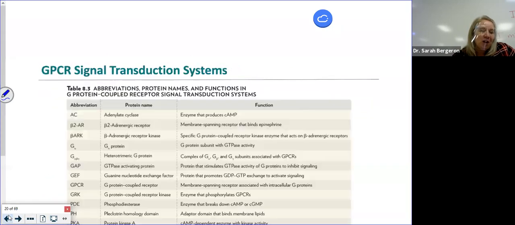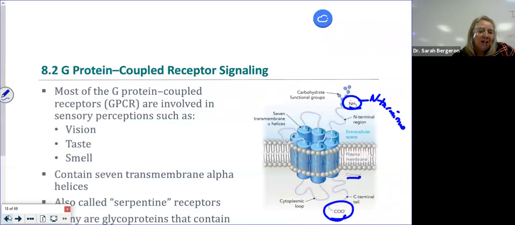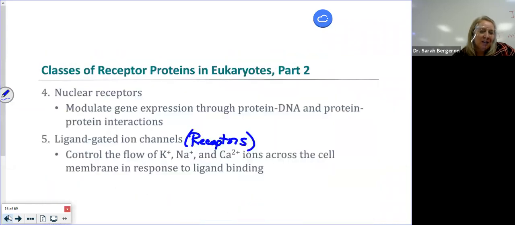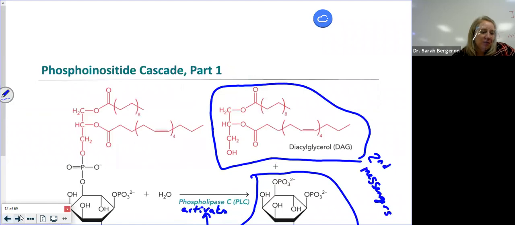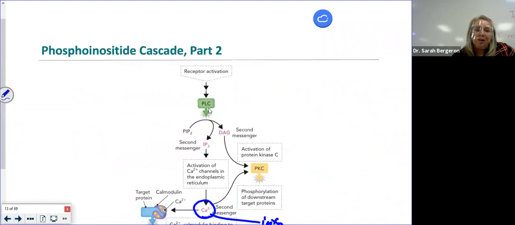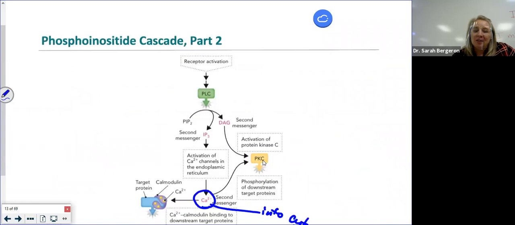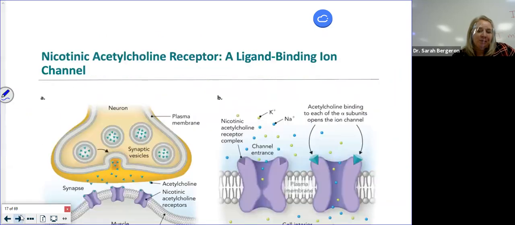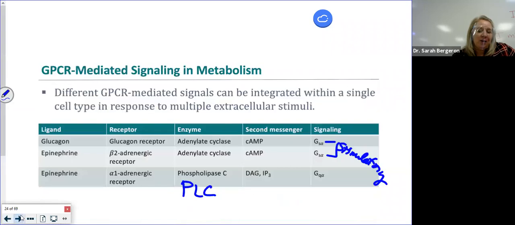We're activating PLC. PLC is going to activate DAG. DAG is going to activate protein kinase C. Protein kinase C phosphorylates downstream target proteins. So this is kind of where we are in the pathway, right?